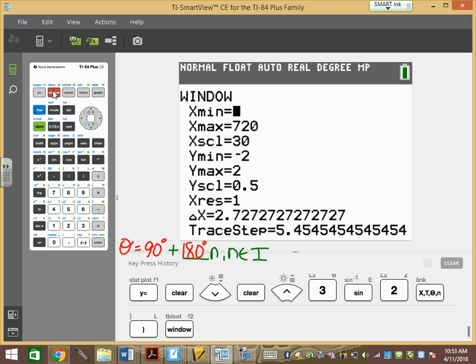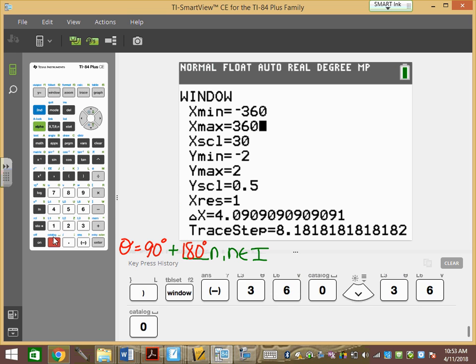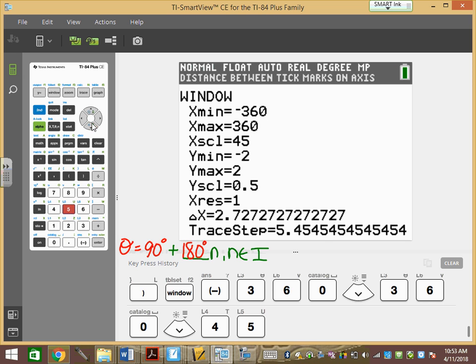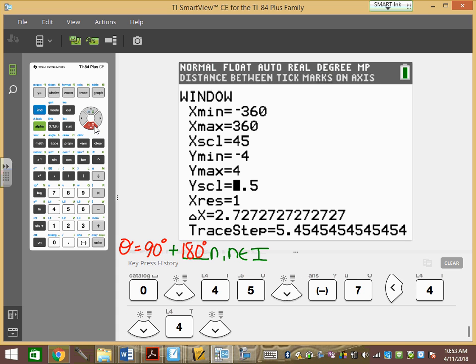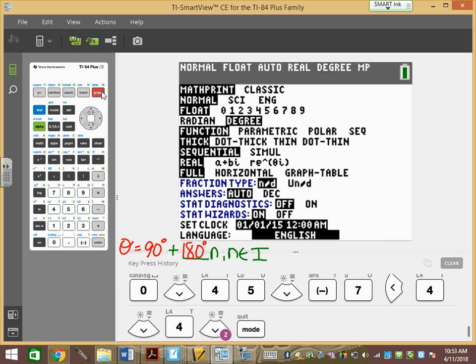My window was negative 360, 360, 45, negative 4. Ooh, that's not negative 4, 4.5. Mode, degrees, graph.